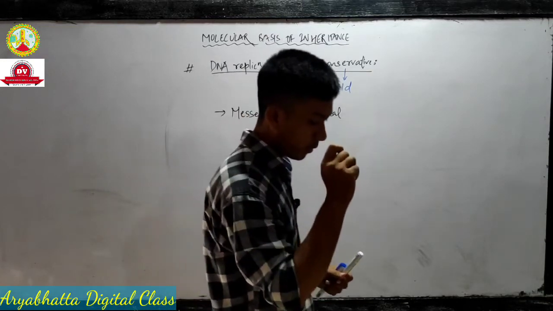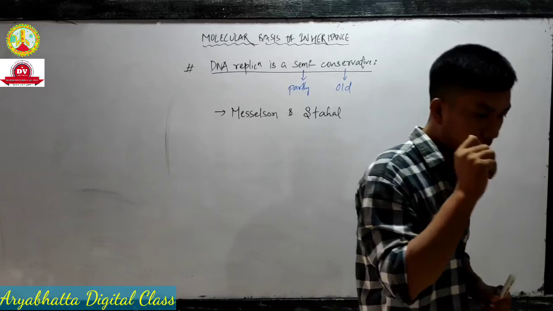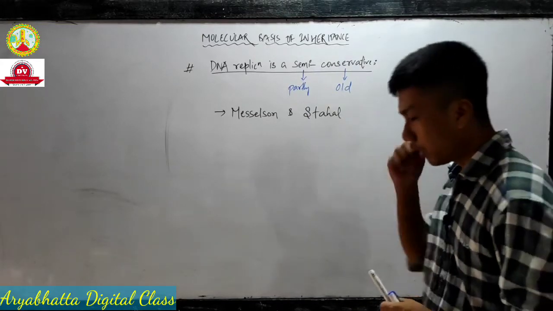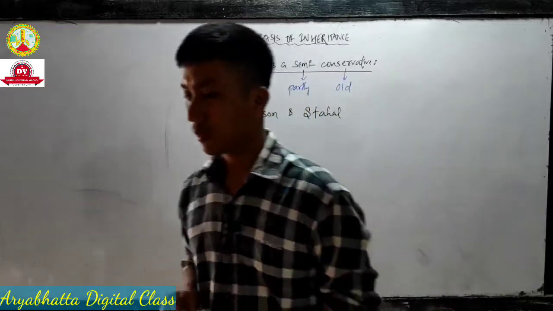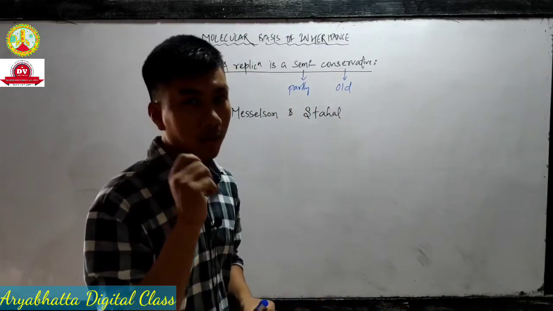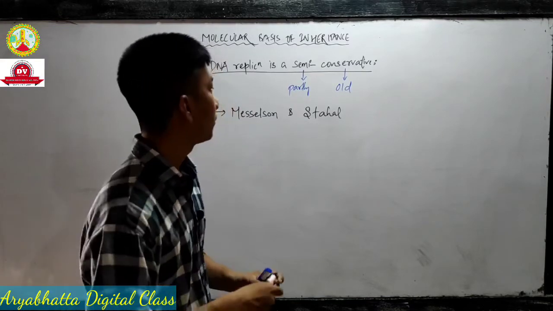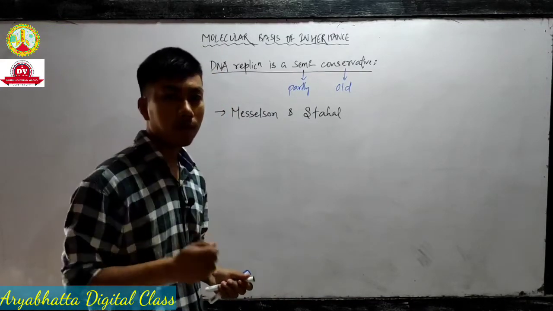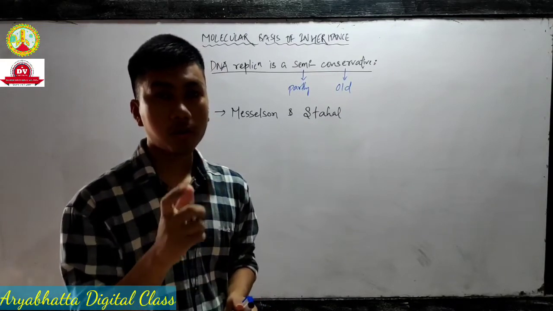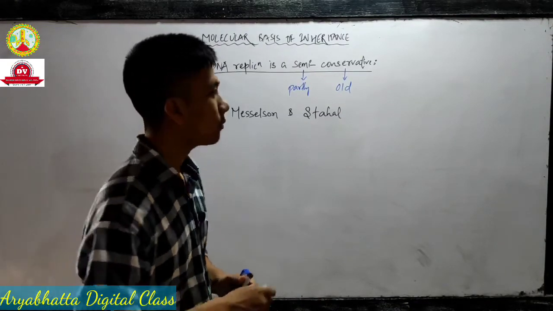And remember, after the replication of DNA, the new strand which gets synthesized is always called conservative. Conservative means it has been synthesized from the old strand, right?